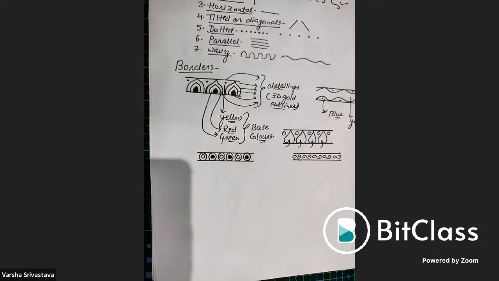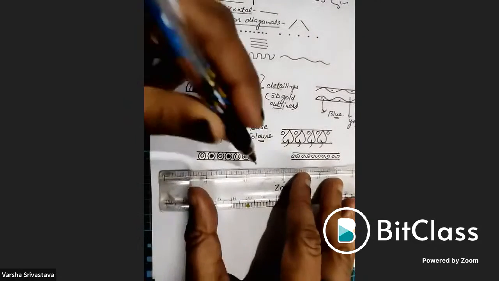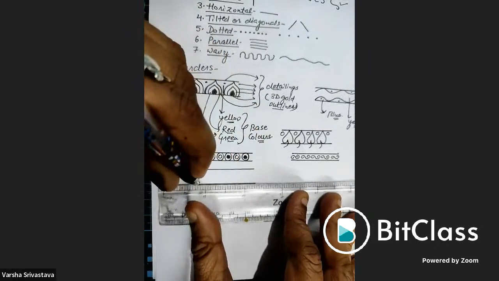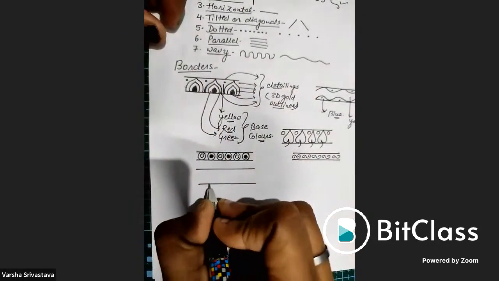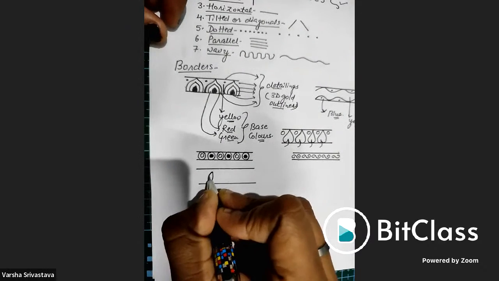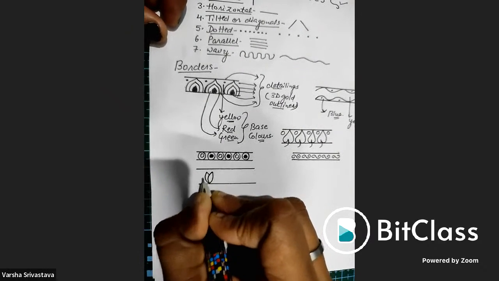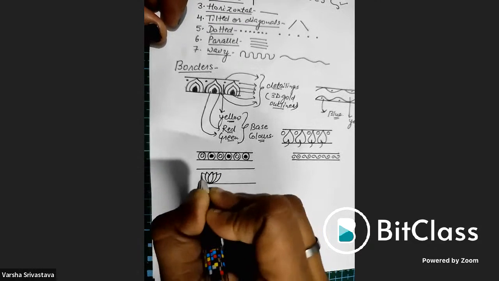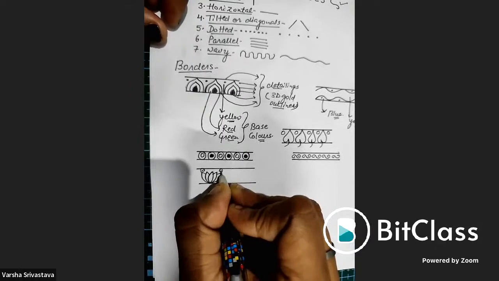Now, next, I'm going to make a medium size border and we will be making lotuses in that. A lot of lotus in that. So just make a petal over here like this and make two petals each side. Two petals each side and then make the spirals over here.